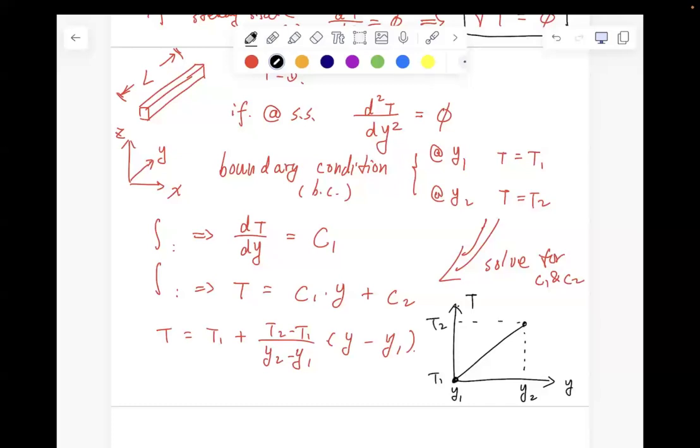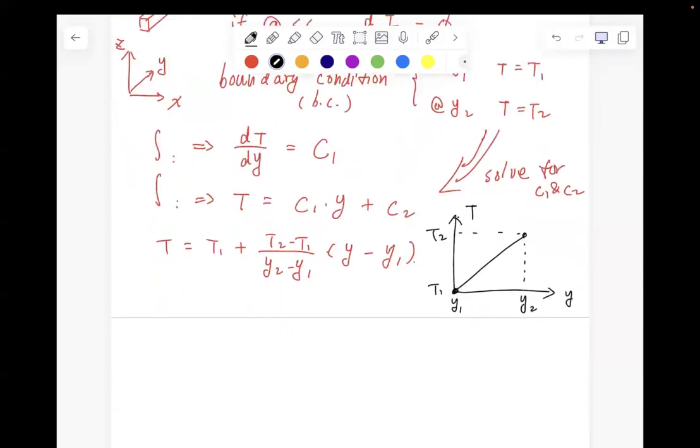And by the way, these two boundary conditions, T1 at Y1 and T2 at Y2, don't have to be at the ends. They can be at any two positions along the Y direction. And then this will be the general solution.